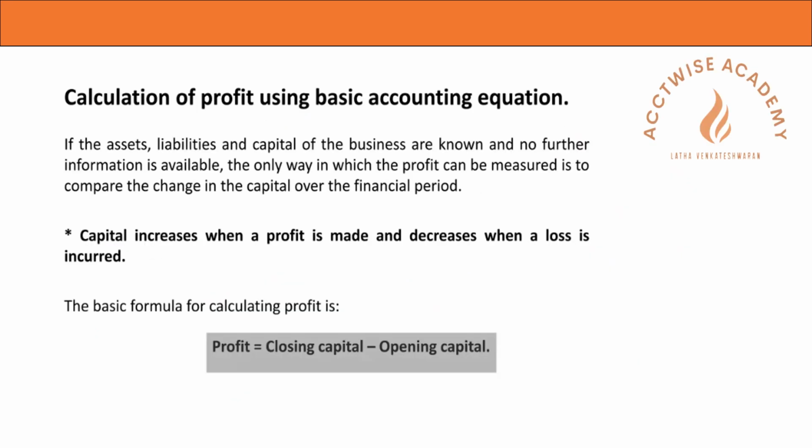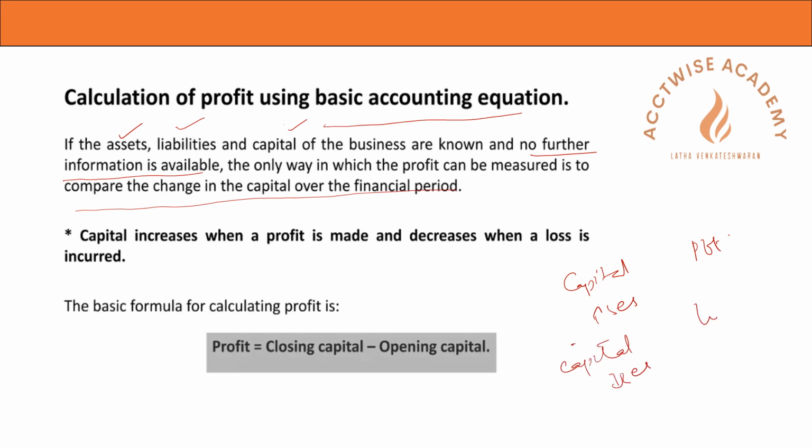Now we are going to find out profit using basic accounting equations. When the assets, liabilities and capital of the business are known and no further information is available, then the only way we can find out the profit is to compare the change in the capital over the financial period. So when the capital increases, then we make profit. When capital decreases, then loss is incurred.